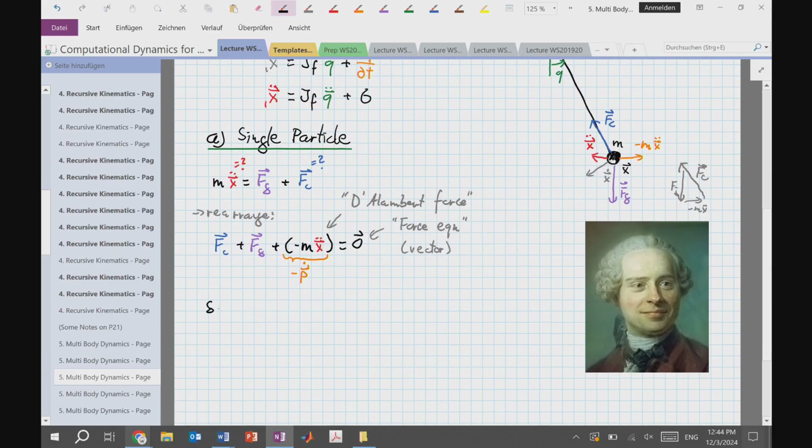What I will do with this equation is that I will go ahead and pre-multiply it in the sense of a dot product with a velocity, a so-called virtual velocity that we write as delta v. That gets multiplied with the entire expression, so Fc plus Fg plus my D'Alembert force, minus m times x double dot.